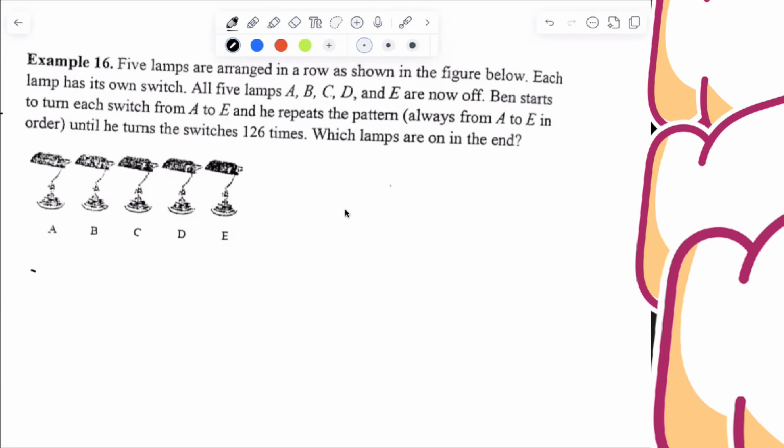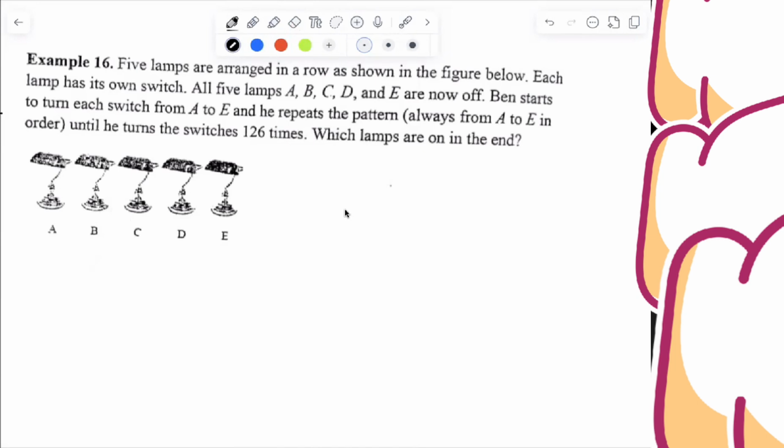Realize A to E, it starts from the switch from A to E, and repeats the pattern. So it's going to be on on the first turn, on the second turn off.